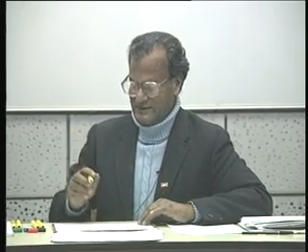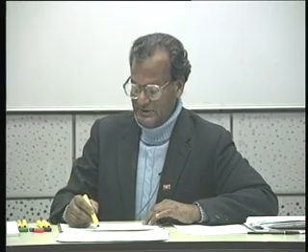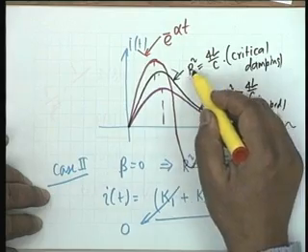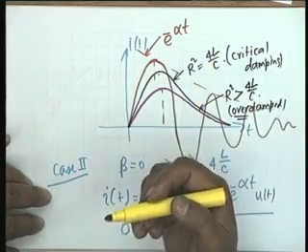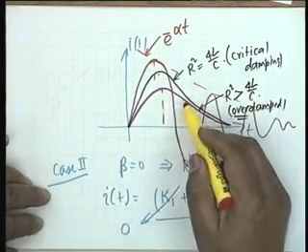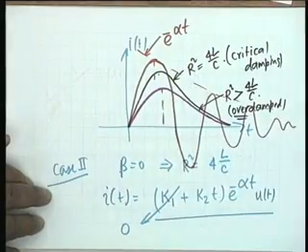But the interesting point is that the value of R changes the circuit response tremendously. You see, as long as capital R satisfies this relation, R squared equal to or greater than this, the current can never go negative. It shows a maximum, then comes down.